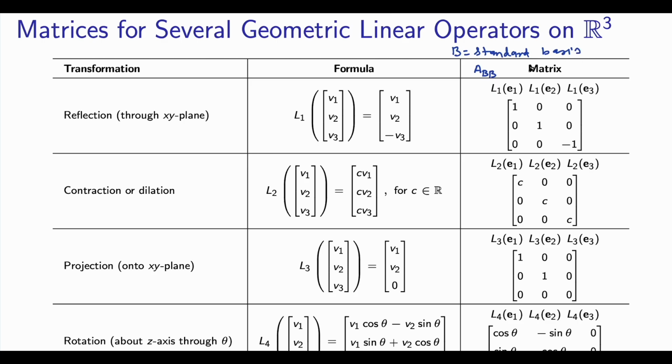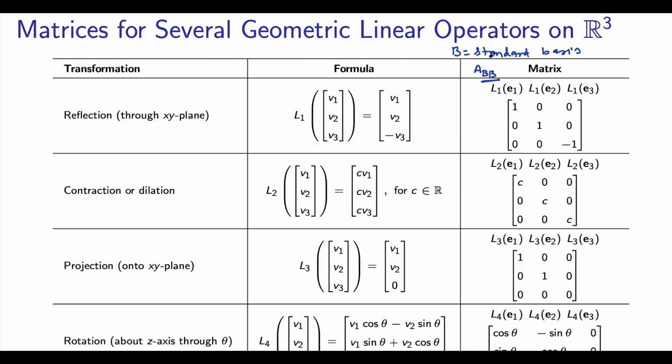So for the standard basis 1, 0, 0, that is the first column, then 0, 1, 0 the second column, and the third column 0, 0, minus 1. So life becomes easy when standard bases are given, right?